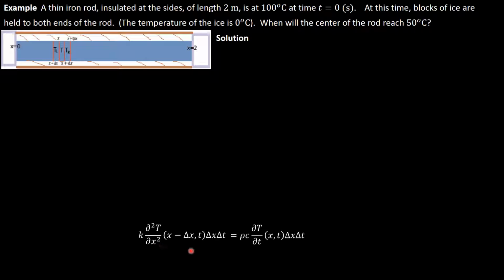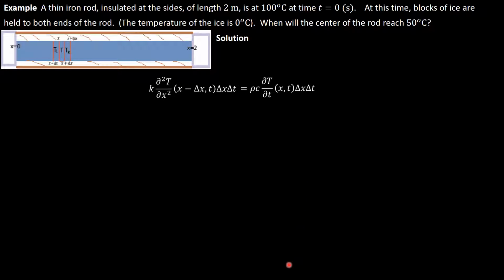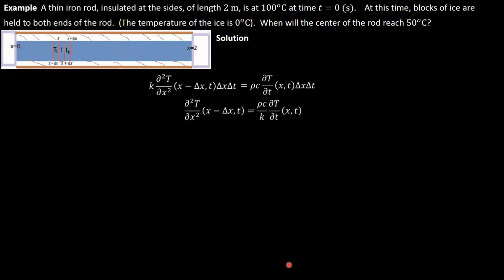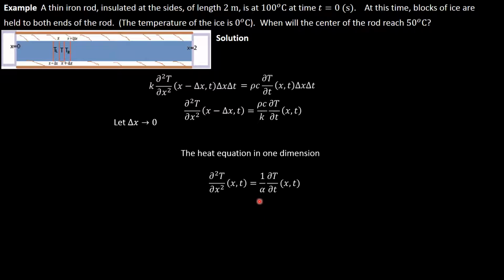So we have this equation. We got to it using a bunch of linear approximation. And if we bring the k over and let delta x approach 0, it becomes this extremely famous equation, the heat equation.